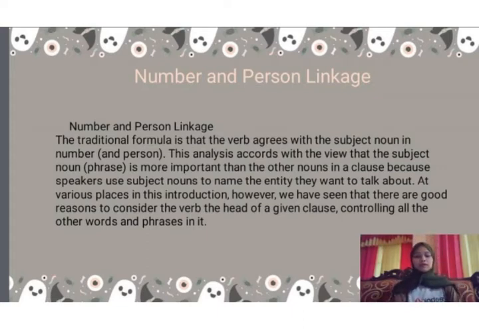At various places in this introduction, however, we have seen that there are good reasons to consider the verb the head of a given clause, controlling all the other words and precising it.